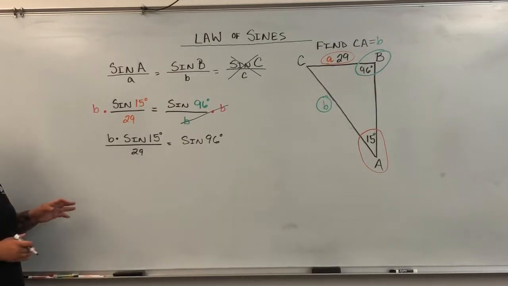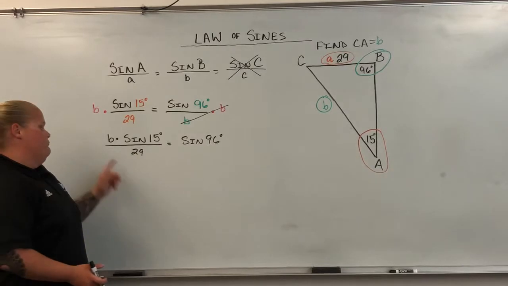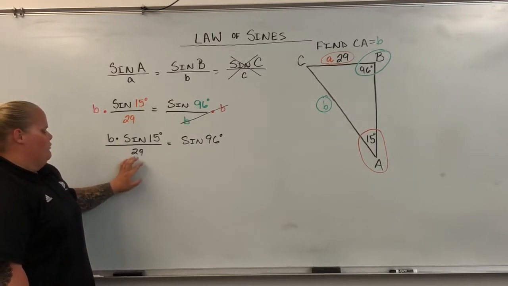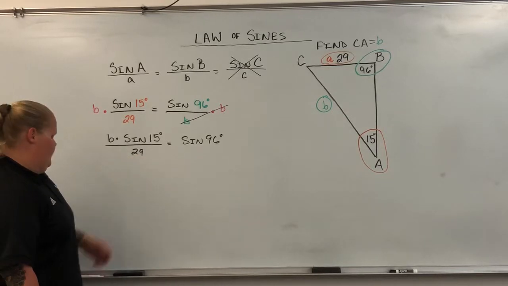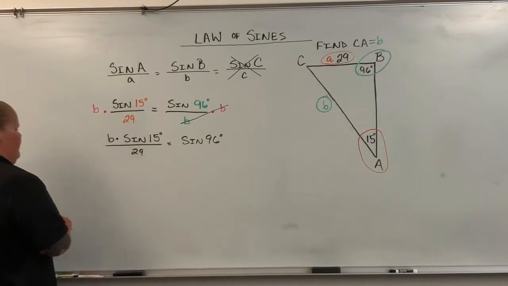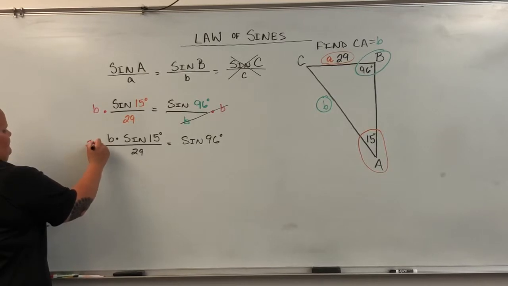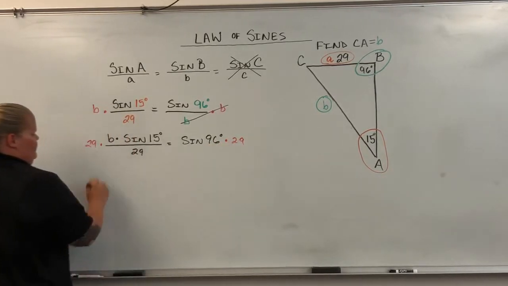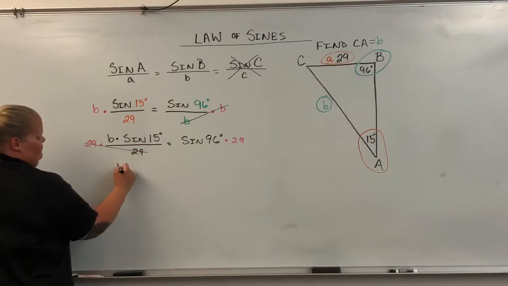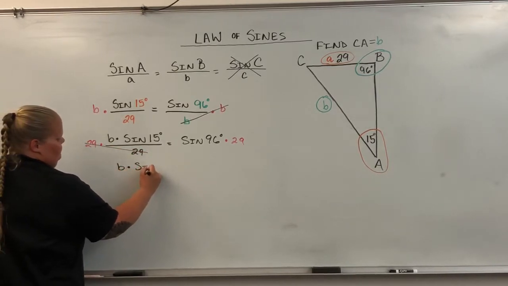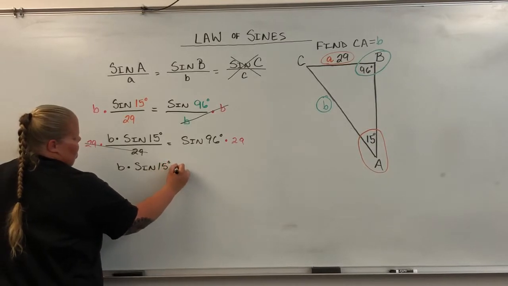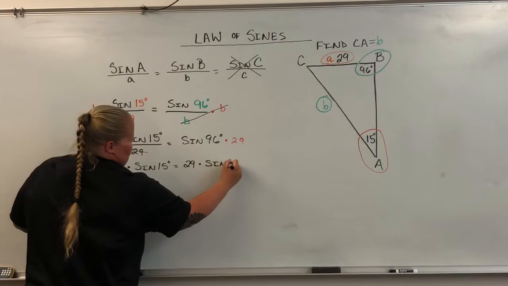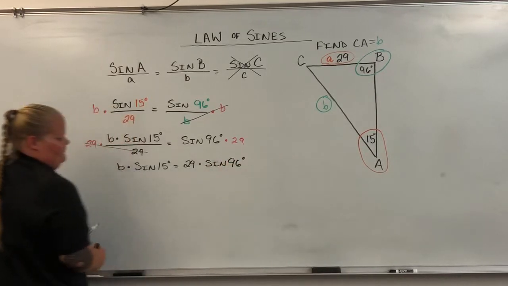I have to get B by itself, so I'm going to have to move a couple pieces away from B. I have to move this 29, and I also have to move this sine of 15. We're going to start by moving the 29. To move the 29, I need to multiply both sides of this equation by 29. So these will cancel out, and I have B times the sine of 15 degrees equals 29 times the sine of 96 degrees.